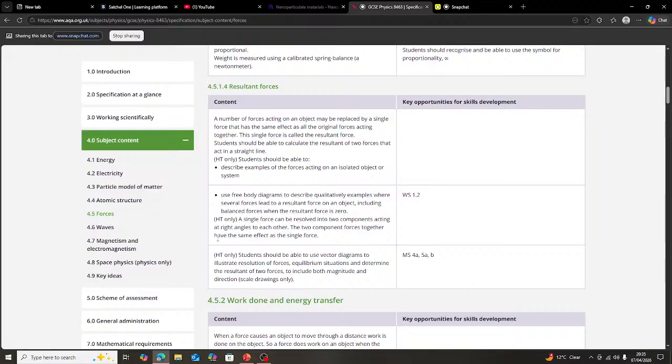Listen, there's a plane going forward at 120 newtons, and the air resistance is 90 newtons, so that's backwards. It would be going forward by 30 newtons.